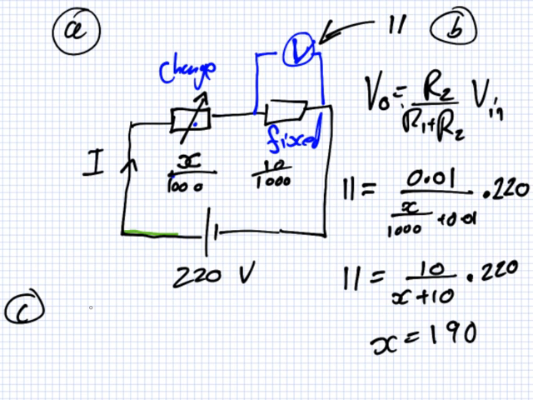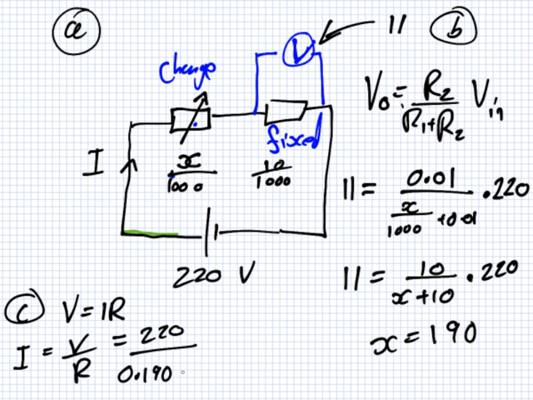I could use V equals I R, so I equals V over R. So I would equal 220 over R, which would be 0.190 plus 0.010, which equals a large number.